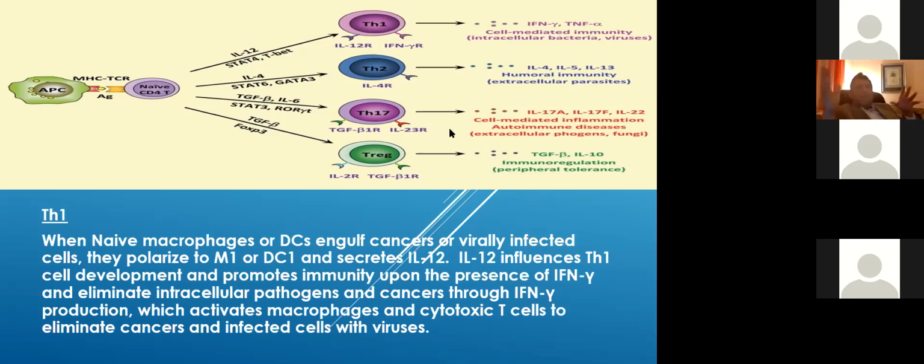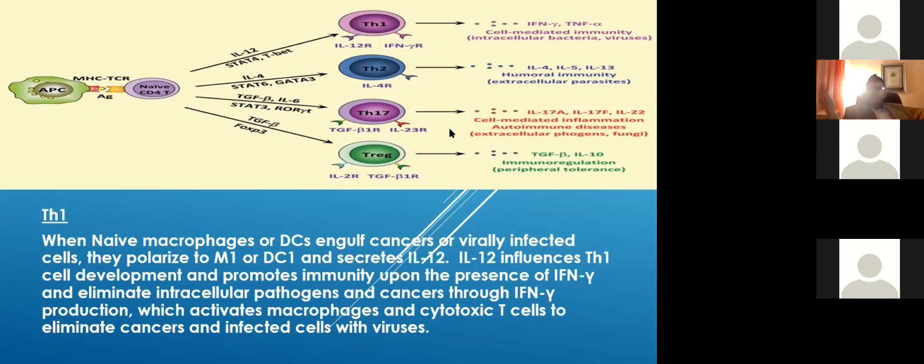So you will have a polarization of the naive macrophages or antigen-presenting cells or dendritic cells to become DC1, M1, antigen-presenting cells 1. At the same time, we'll see the lymphocytes moving in that direction, which is Th1.